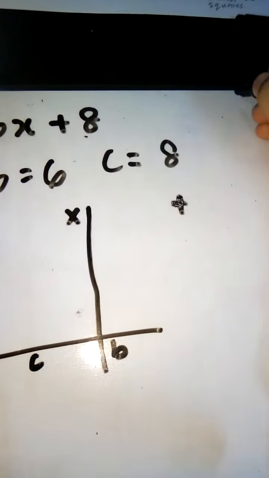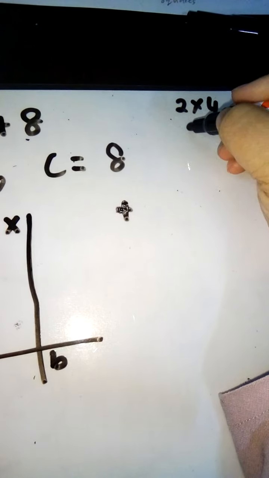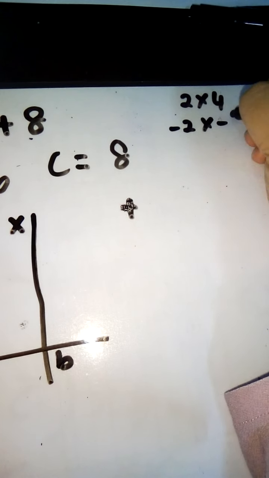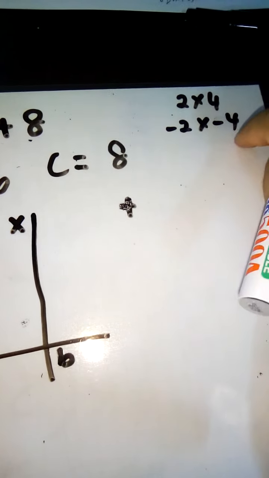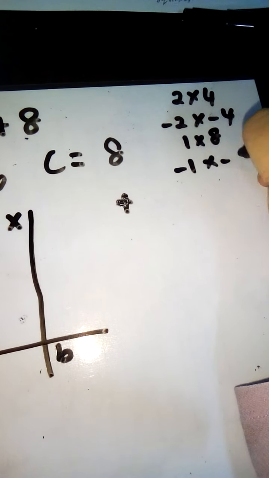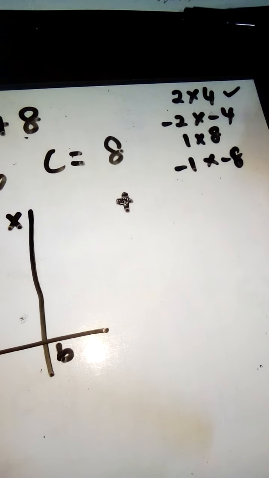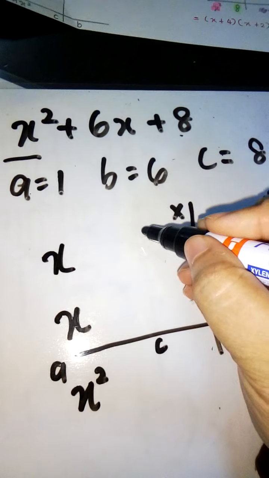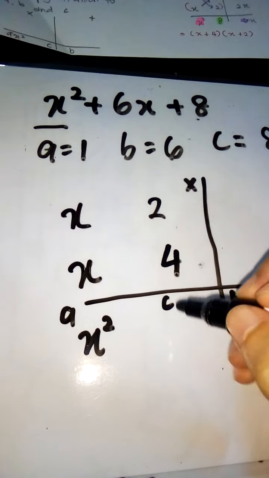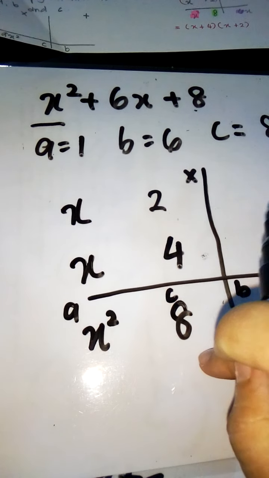So for 8, you have 2 times 4, and then 4 times 2, you can alternate it, or negative 2 times negative 4. You can choose either that or 1 times 8 or negative 1 times negative 8. For me, I just use the first one. So I put here 2 and then here 4, because 2 times 4 becomes 8. That's why c you put here.